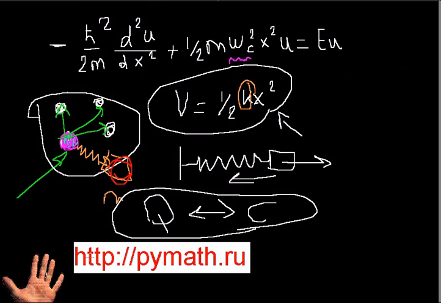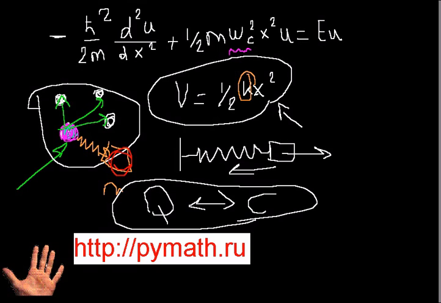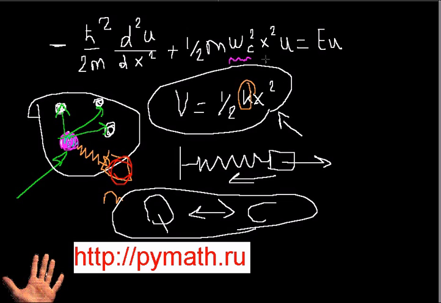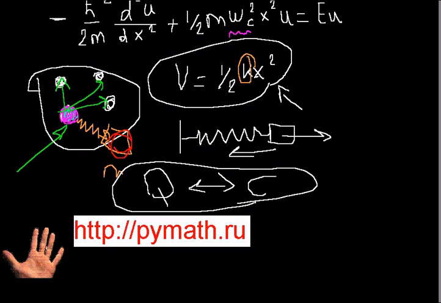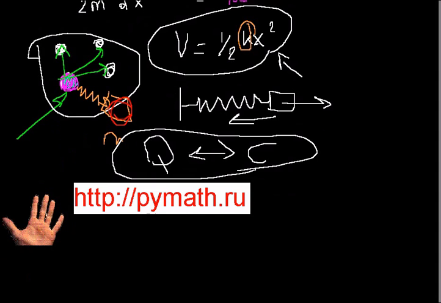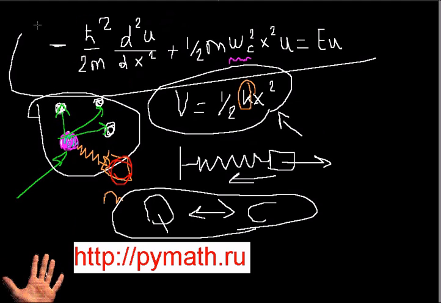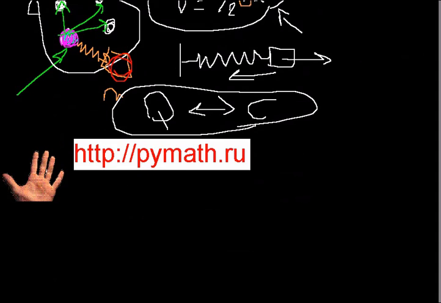For example, this is our first term, the second derivative, this is our energy spectra, and this is our potential. So it's a common form of our Schrodinger equation, and if we want to solve another problem, we can change this potential to another and describe some more difficult motion.